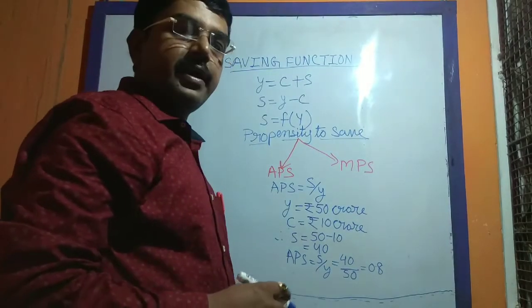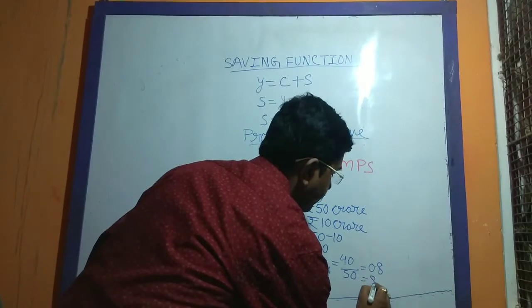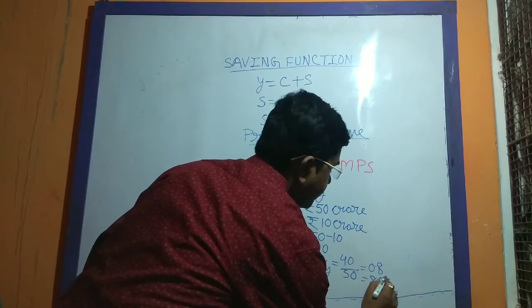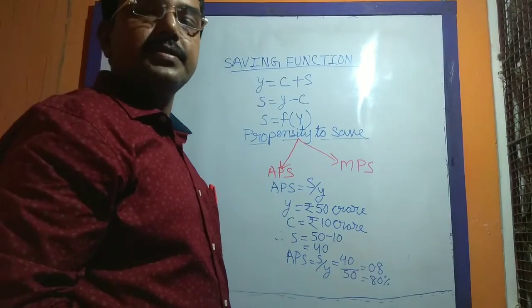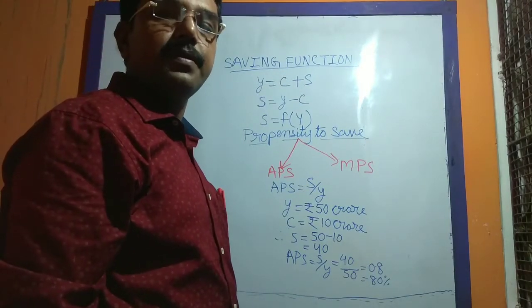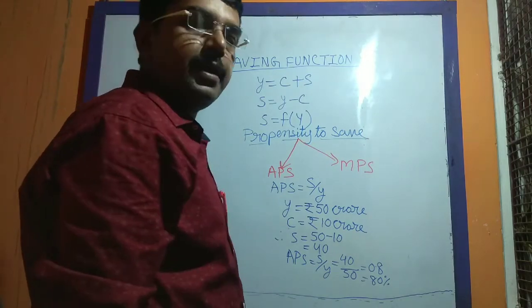This shows that 0.8, that means 80%, of the income is saved. That is APS. We can make it more clear with the help of a diagram.